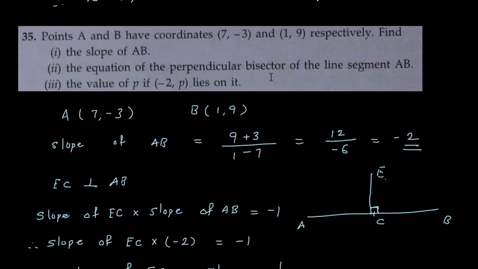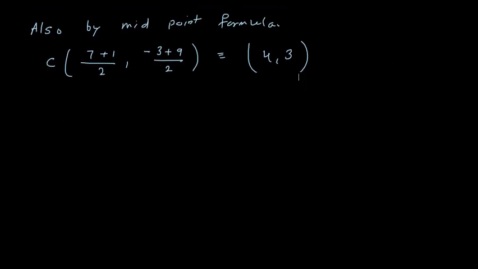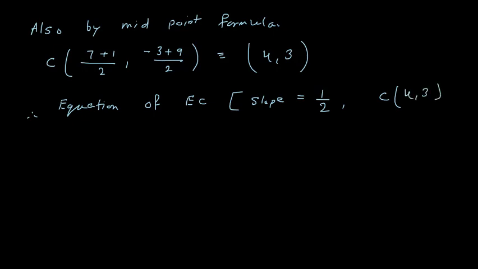Now I have to find the equation of the perpendicular bisector of AB. So therefore the equation of EC. Here I have the slope of EC, which we found out is 1 by 2, and the coordinates of point C, which is 4, 3. So the equation will be y minus y1 is equal to m into x minus x1.